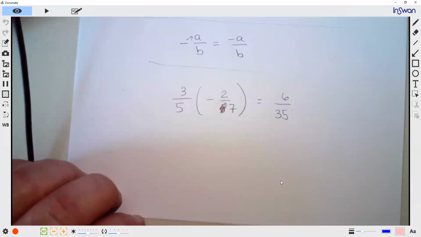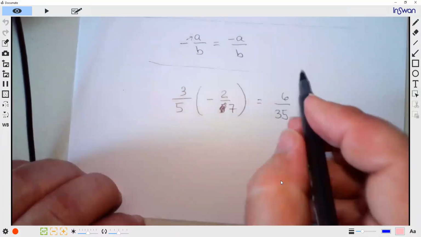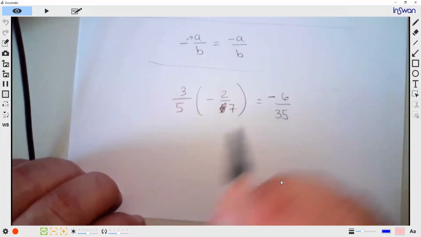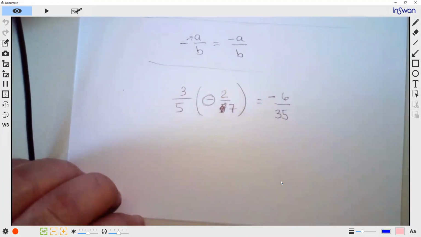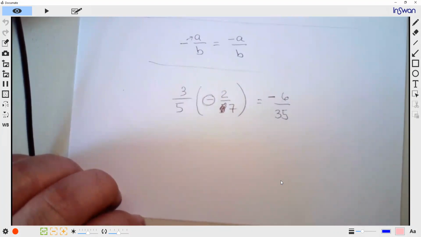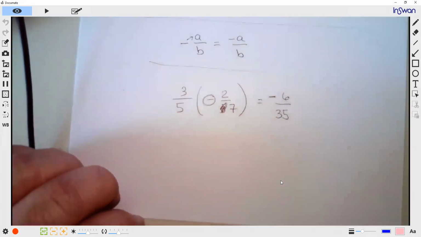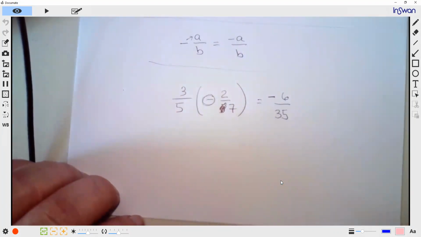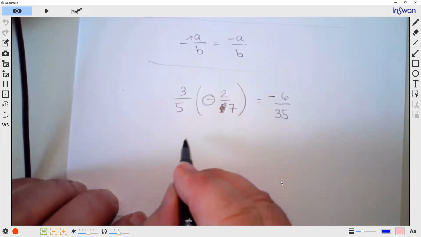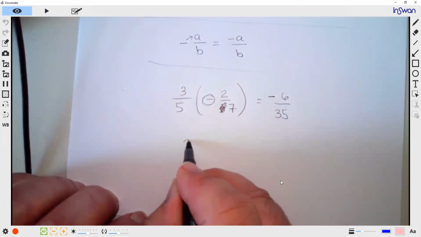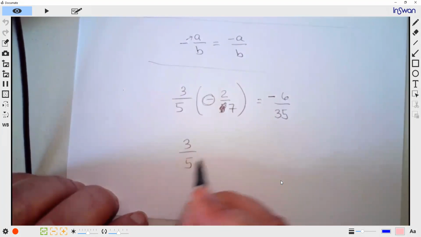Is that your answer? I mean, I could simplify that even more. What happened to the negative sign? Oh, I said to put the negative on top. Okay, so it's negative 6 over 5. You have to be very careful, because you said earlier to put it on top of the top number.